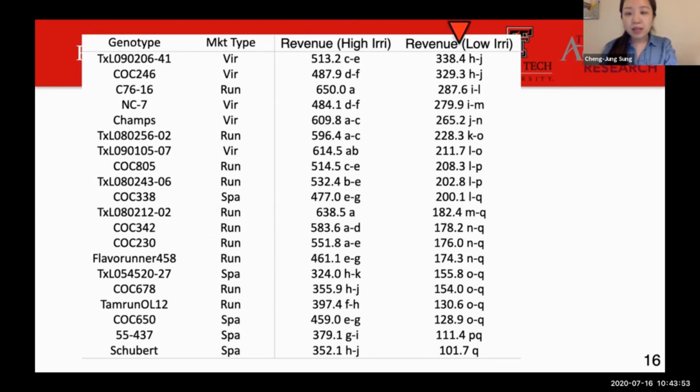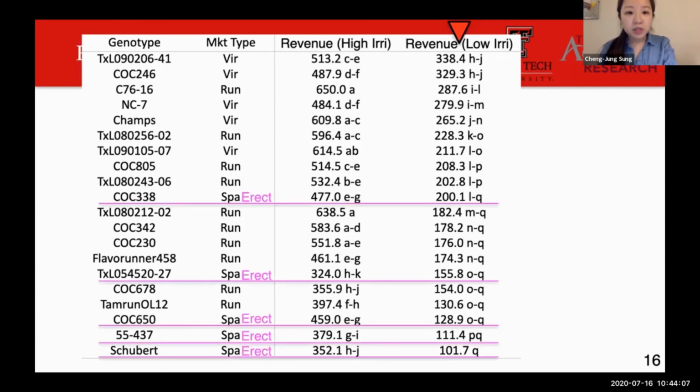Here I sorted by the last column, the revenue of the low irrigation, because we want to see if any of the genotypes perform well on revenue under drought stress. Here I didn't separate the erect type, but kept them in the same table, so that you can see that some of the erect types perform pretty nicely, even compared to the spreading type, for their revenue.